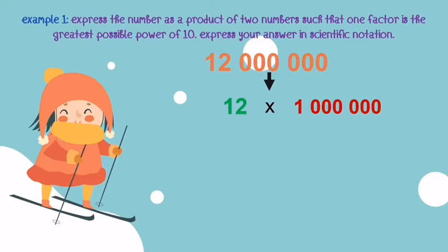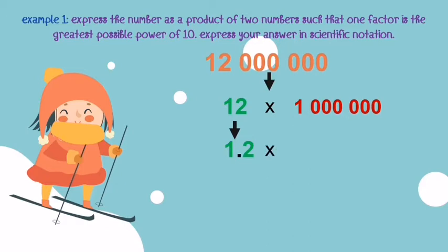Now, we'll figure out where the decimal point is. It is right here, immediately to the right of our ones place, that is after number 2. Move once to the left and put a decimal point after the first digit. It appears as 1.2.